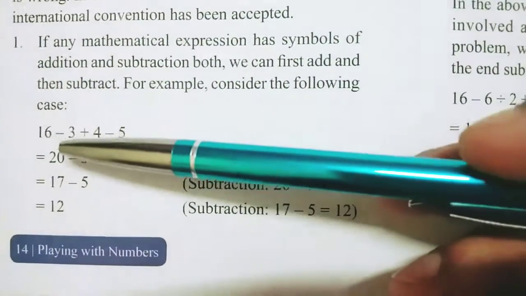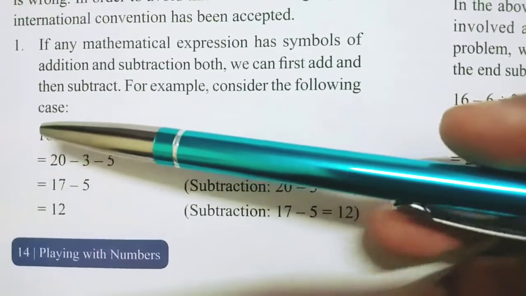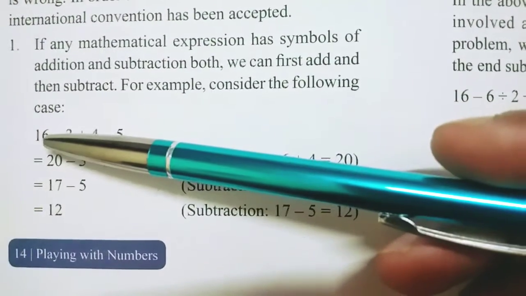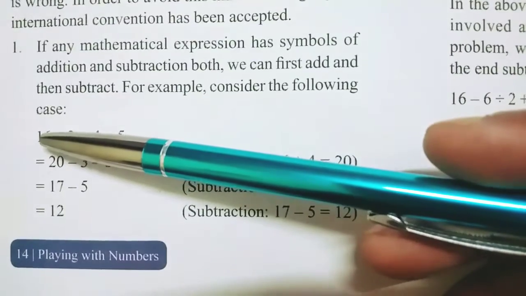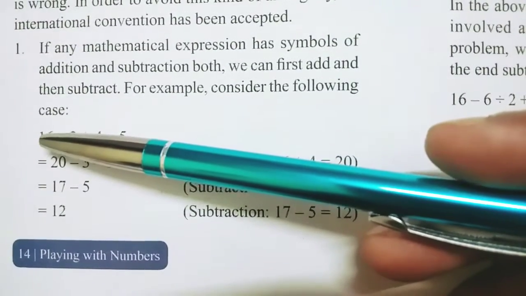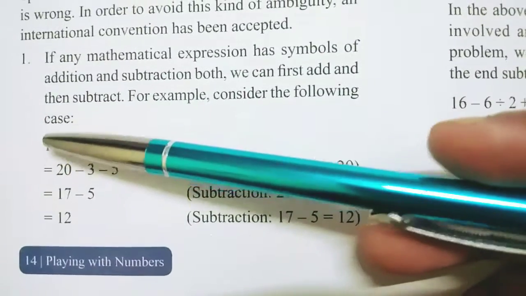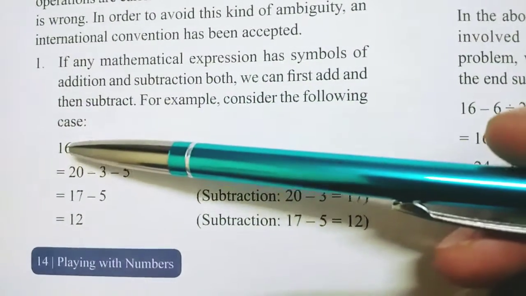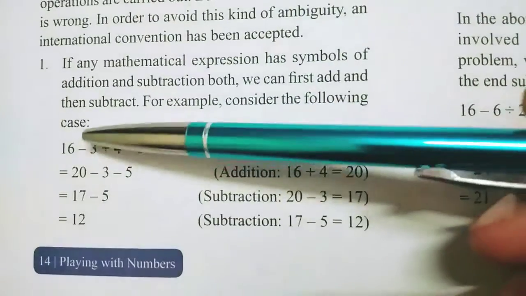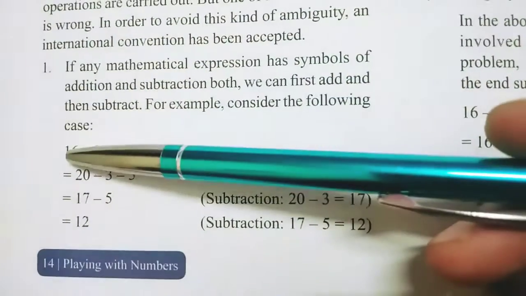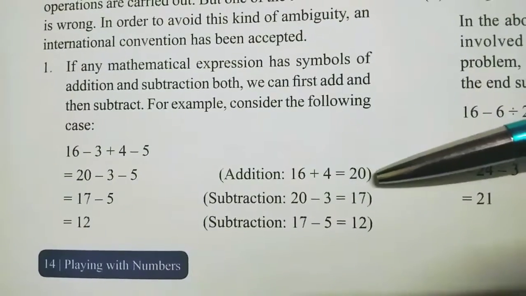You can see here, before 16 no sign is given. If before any number no sign is written, it is considered as a plus sign. Remember this rule. This is a very important rule, because if there is no sign before a number, you will consider that number as positive, that means plus sign. So 16 plus 4 is 20.